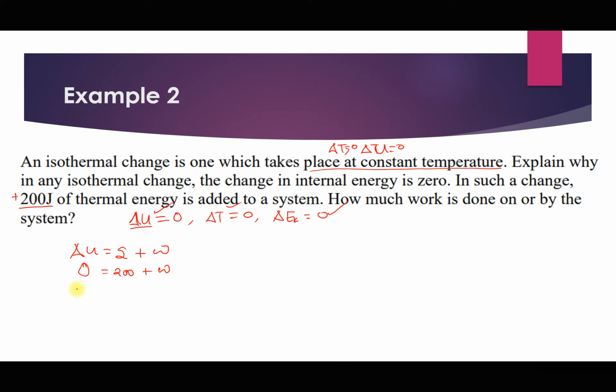When I take W to one side, W is going to be equal to negative 200 joules. So 200 joules of work is done by the system. The reason it is done by the system is because the work done is negative. The negative here shows that the work is done by the system.